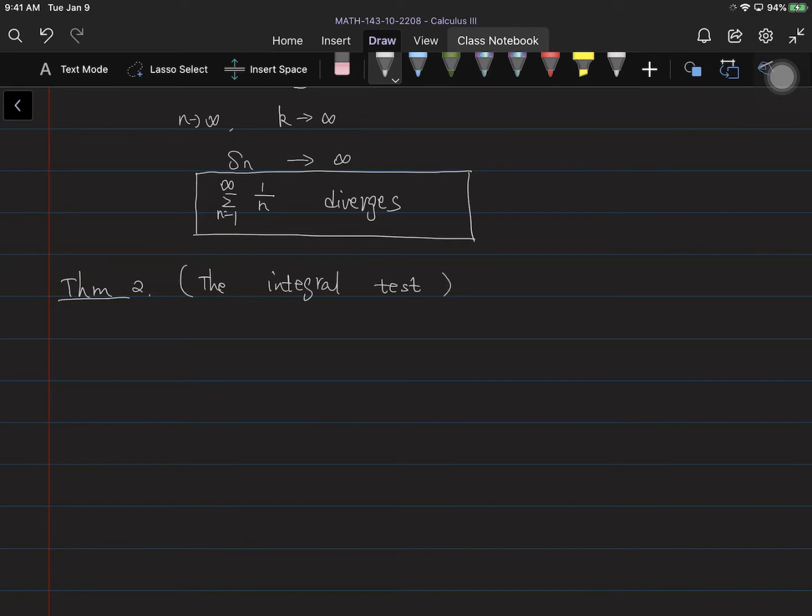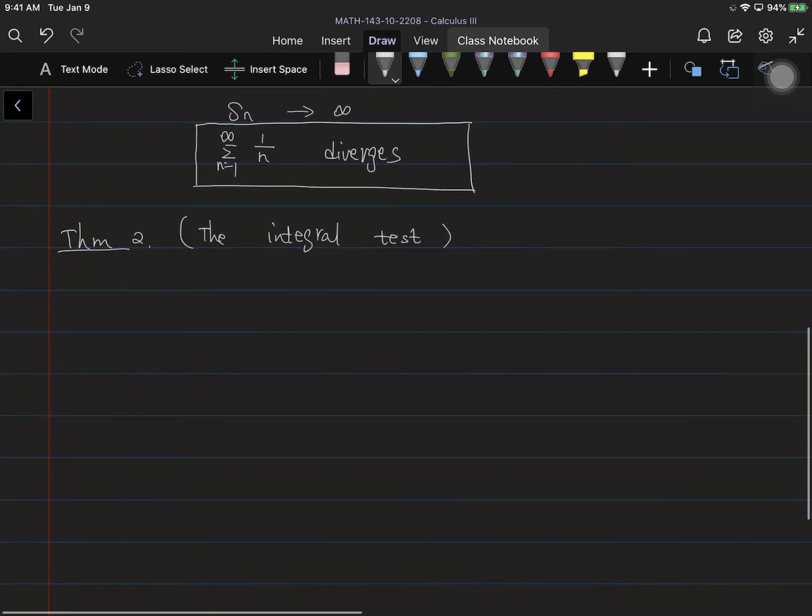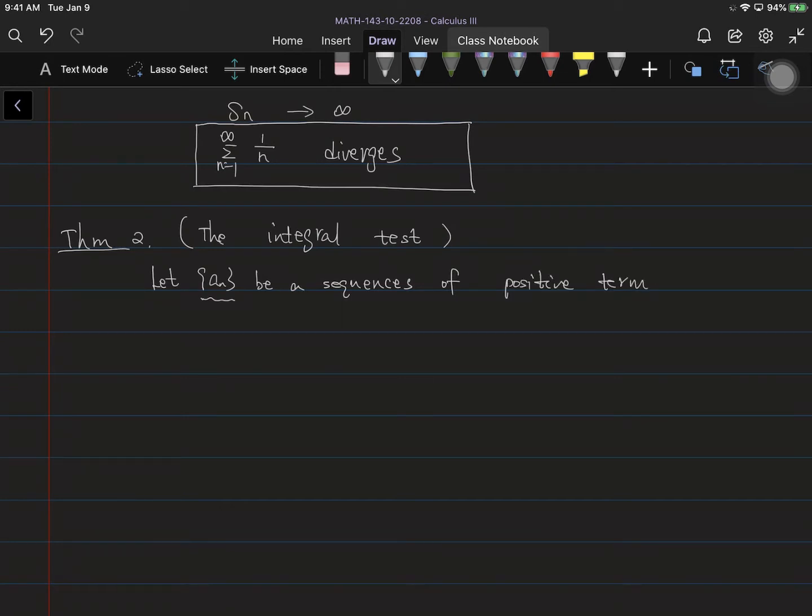Let's take a look at the test. Right now, we have a_n, a sequence. When I write it with brackets like this, it means a sequence, a list of numbers, of positive terms. Suppose a_n equals f(n).